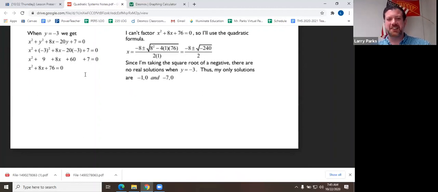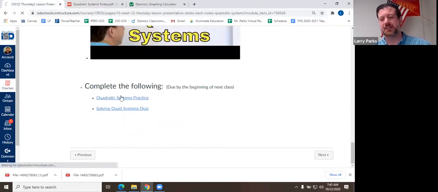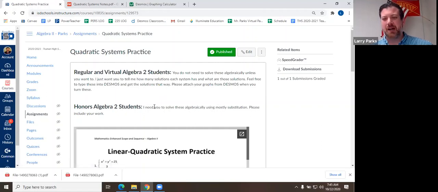So what I want to do is play around on Desmos. And before we do that, I want to show you your practice. And notice, this is probably the first time I've had regular versus honors. So you can see the instructions for regular.